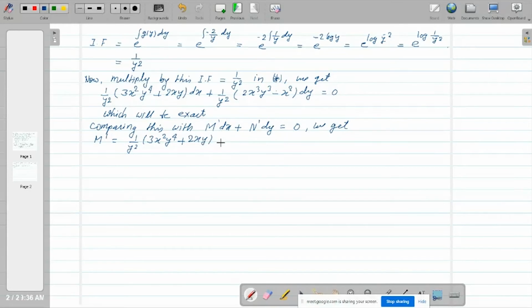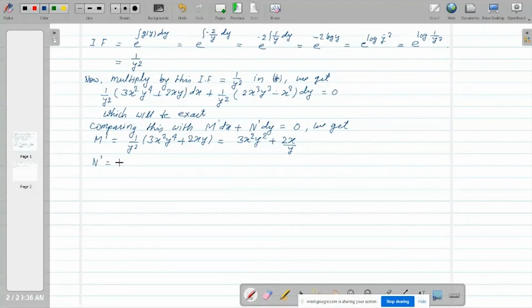Simplifying this, 3x square y square plus 2x by y. Here y square will cancel, so we get 3x square y square plus 2x by y.